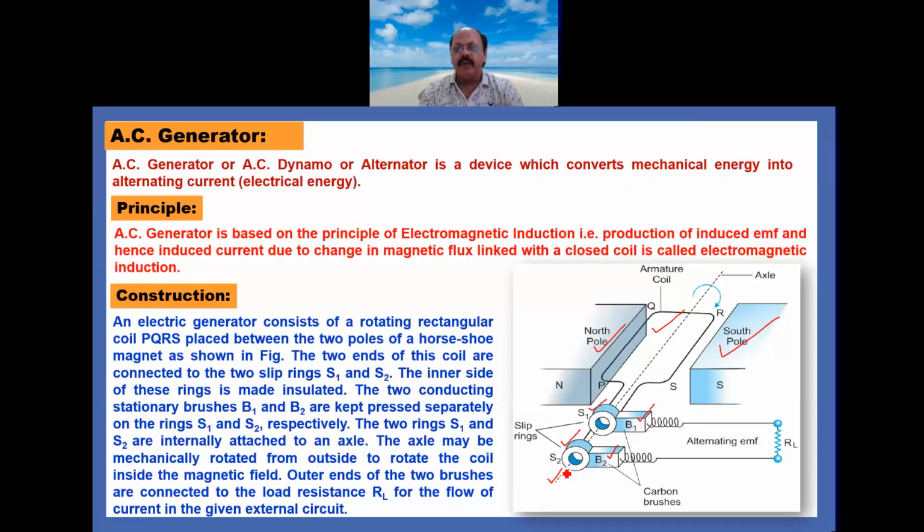The outer ends of the two brushes, you can see here, are connected to the load resistance, that is RL, a device for the flow of current in the given external circuit. So this is about the construction of the AC generator.